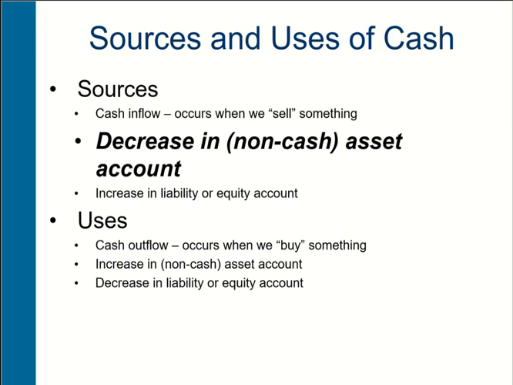So this is an important point to consider. And again, one way to reconcile this in our mind is that even though we're seeing a decrease in non-cash asset accounts, we're also seeing expenses on the other side of that transaction, which would ultimately decrease our retained earnings and our equity account. So it sort of offsets that transaction.